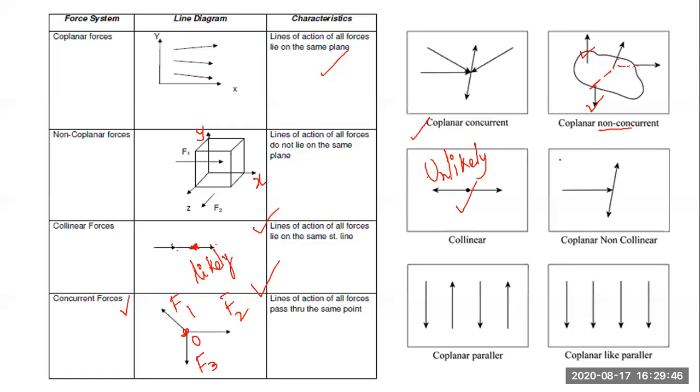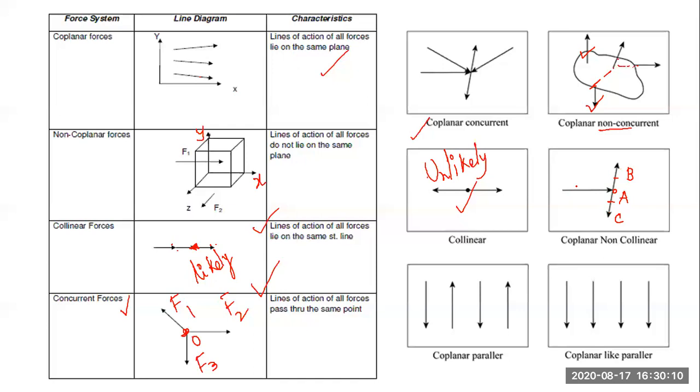A coplanar but non-collinear system: you can see this point A, so AB is a vector or a force, AC is a force. Since AB and AC are in the same straight line ABC, the force AB and the force AC are coplanar and collinear.